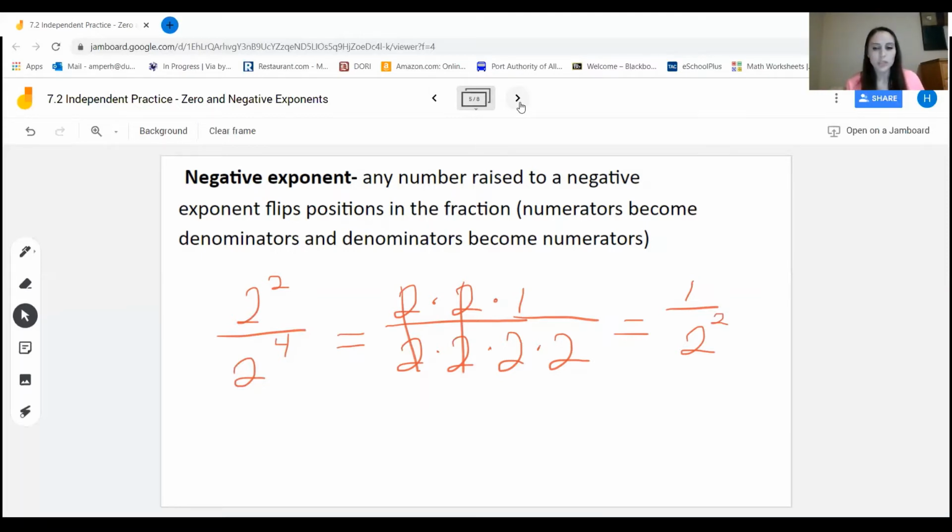So if we wanted to just go ahead and use the quotient of powers rule, where we say we can subtract exponents, right from the beginning, we would have 2 to the 2 minus 4. And what is 2 minus 4? Negative 2. Okay, so here we have 2 to the negative 2. But we know that this equals 1 over 2 to the 2.